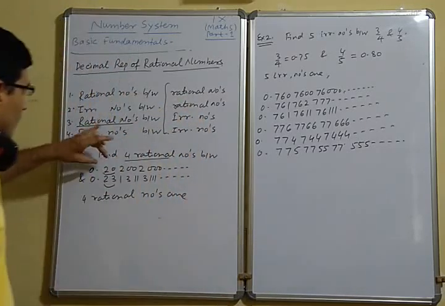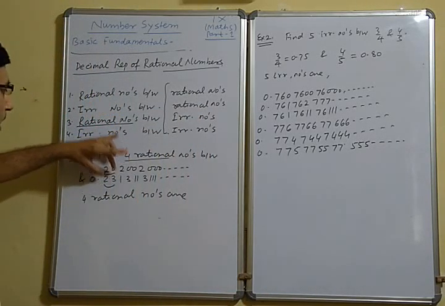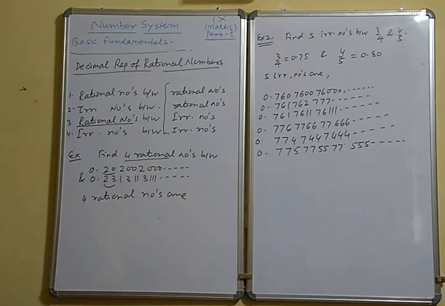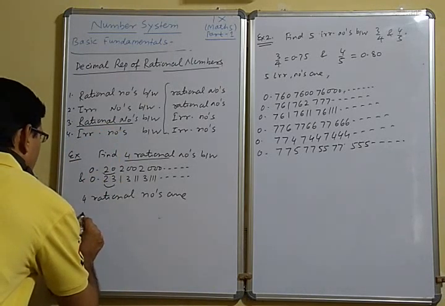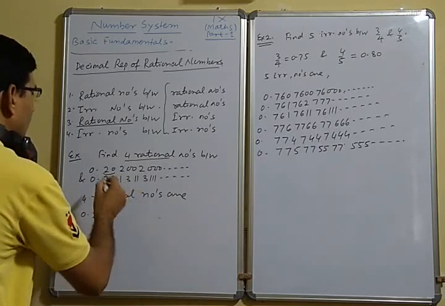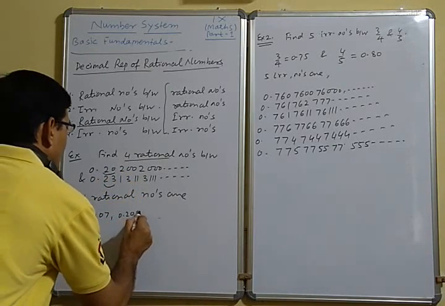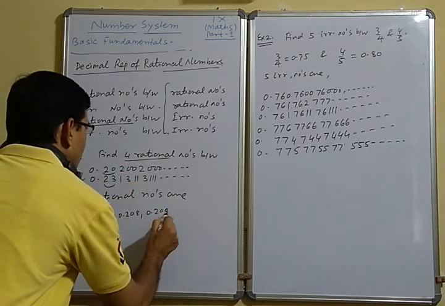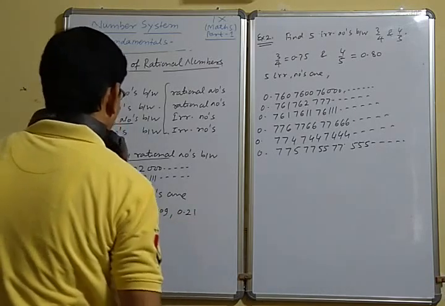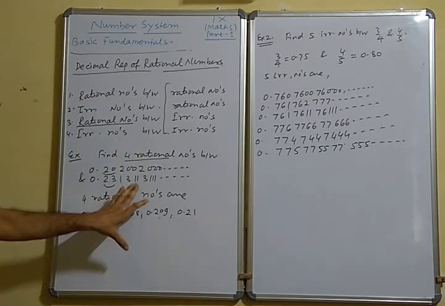There are a lot of decimal places, so we can write 0.202, 0.207, 0.208, 0.209, 0.21. So these are four rational numbers between these two irrational numbers.